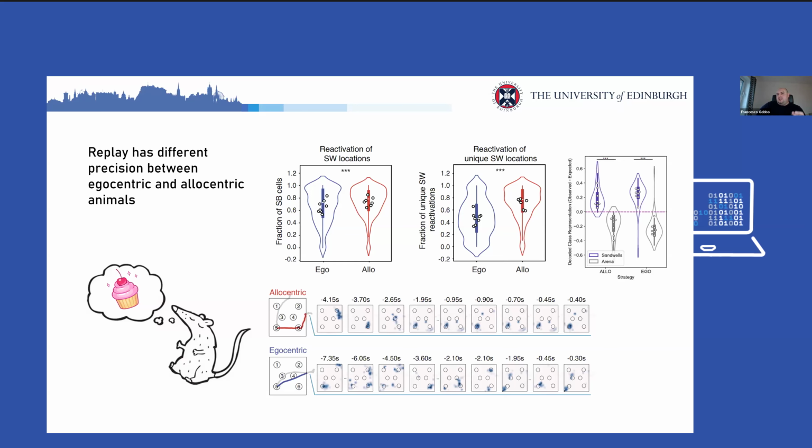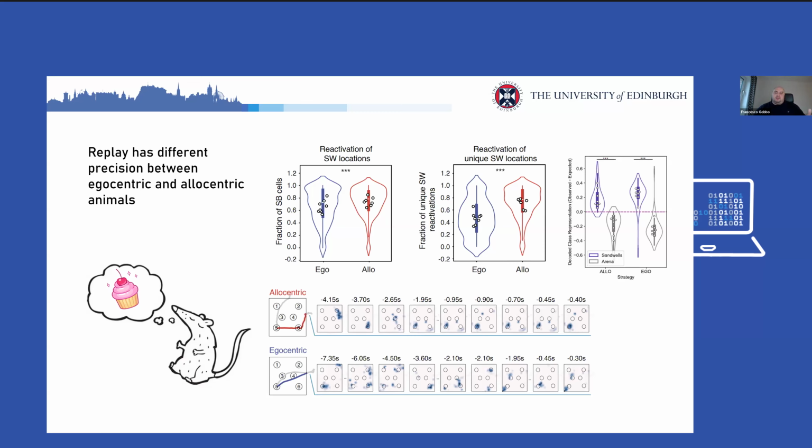But we found a difference, meaning that allocentric animals, as you can also see from the number of the fields of the cells which are active in the figure, were thinking about different possibilities, but at a given time the cells active were representing quite robustly and quite specifically a specific sandwell at a given time point.